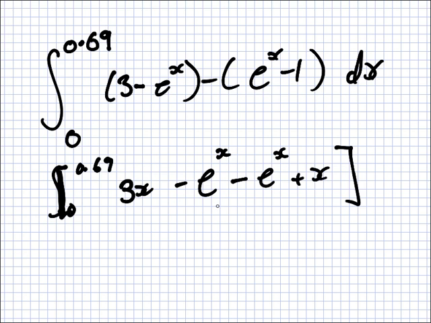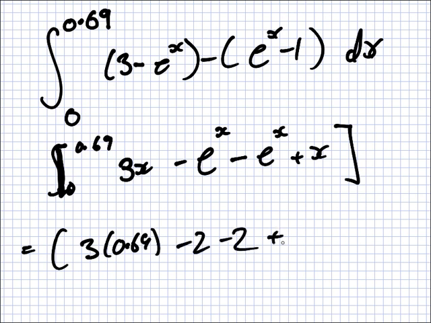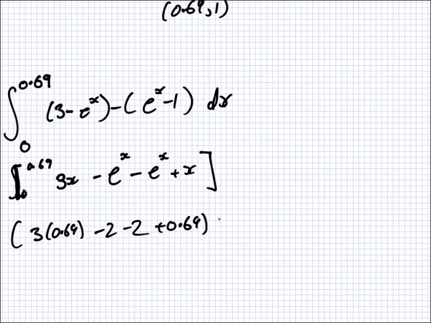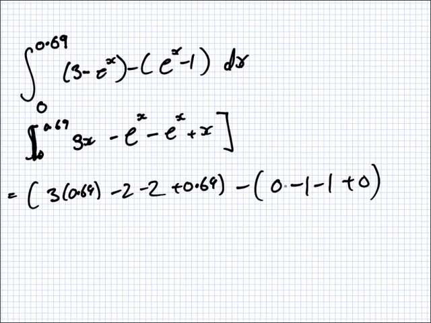Now I sub in the two numbers, okay? So when I sub in the 0.69, I get 3 times 0.69 minus 2 plus 0.69. And then when I sub in the 0, I'll get 0 minus 1 plus 0. Minus 1 is minus 2 plus 2. So they actually cancel with that. That and that is 4.